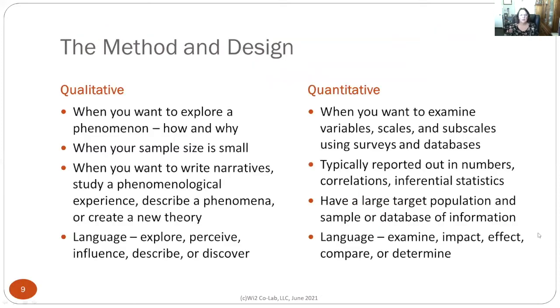Got it? All right, just a quick refresher. Qualitative: when you want to explore phenomenon, how and why, when your sample is small, when you want to write narratives, study phenomenological experiences, describe the phenomenon, or create a new theory. There are things that can happen in qualitative that take a longer time, but at the same time can lead to a really good outcome for you if that's what you want.